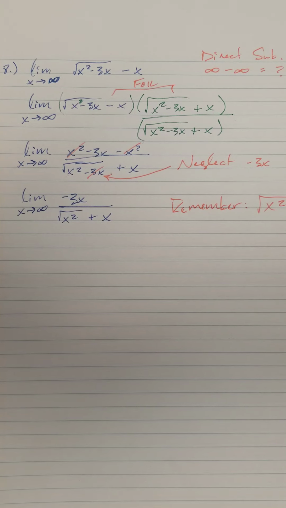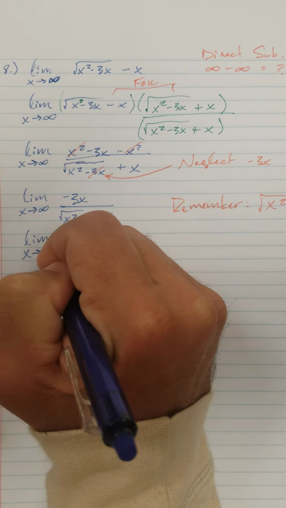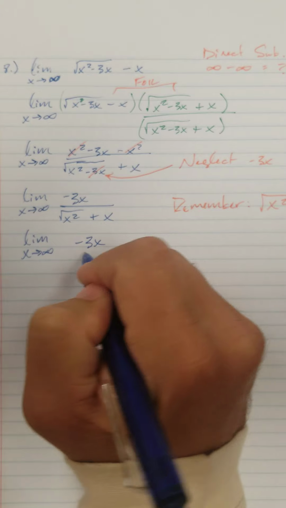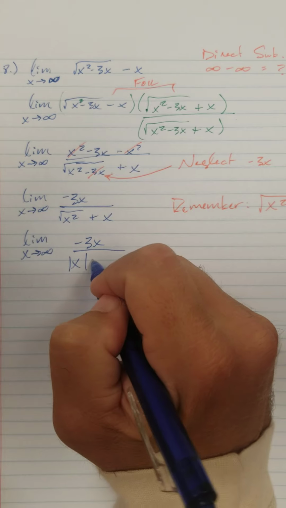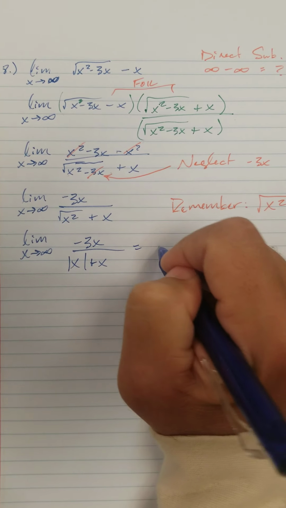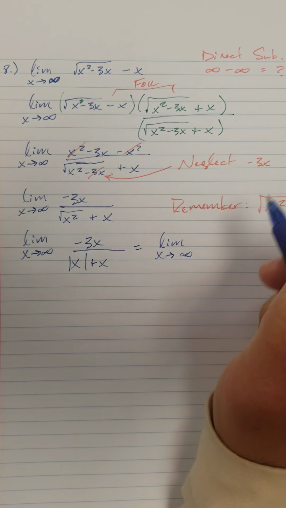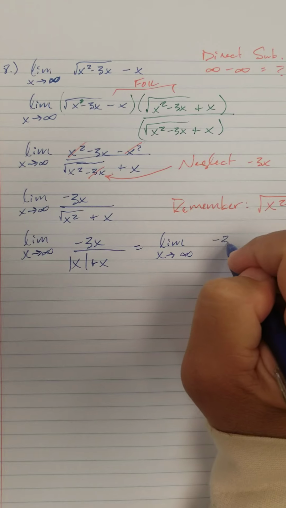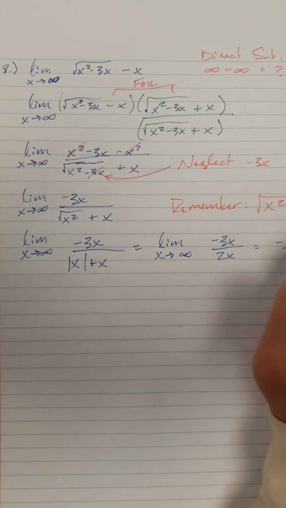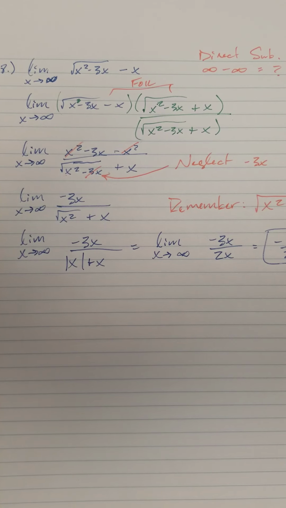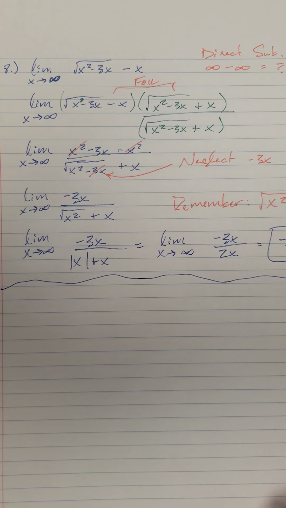So that will give us negative 3x on top, absolute value of x plus x, and we just keep going here. We end up with a negative 3/2.